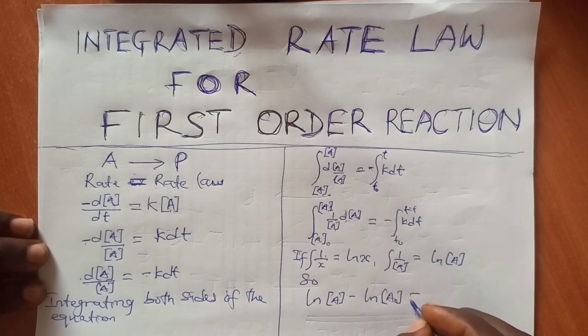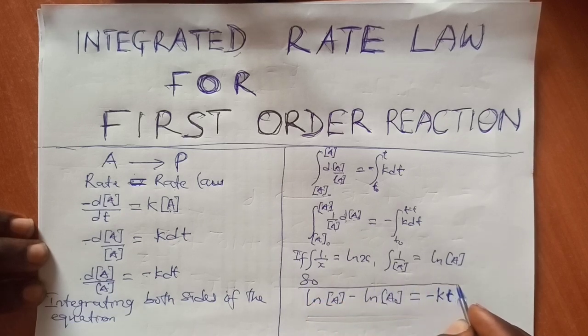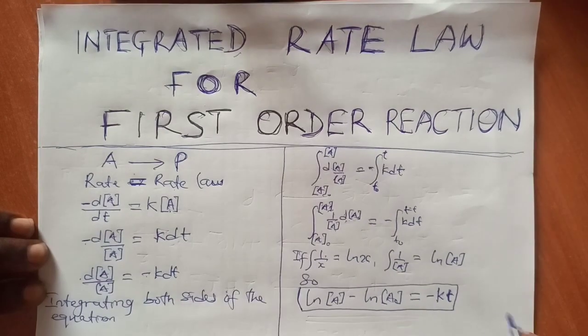If you integrate this, you are going to have minus kt. So this is the integral rate law for first order reaction.